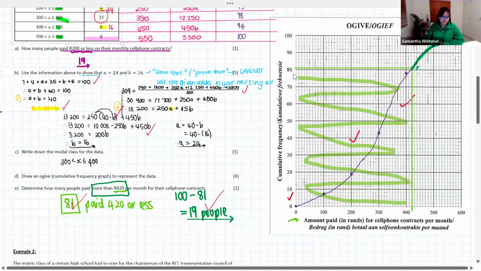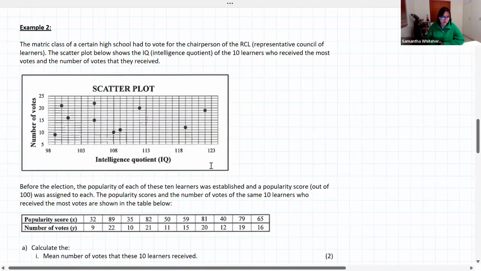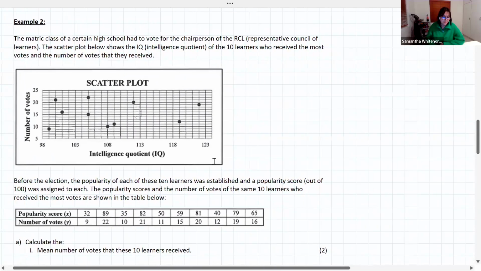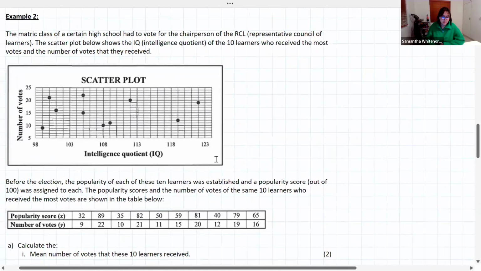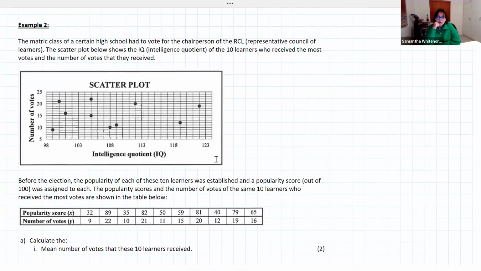That's how it is. Right, so if we have a look at example 2, this is now a grade 12 level question. This was from a recent past paper. I can't remember off the top of my head which one, but it was a relatively recent one. The matric class of a certain high school had to vote for the chairperson of the RCL.